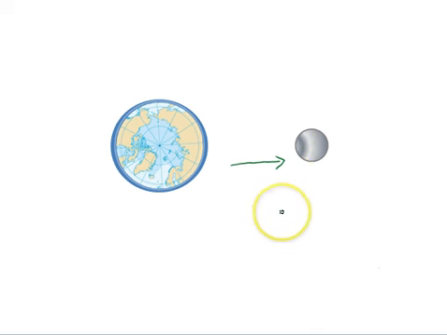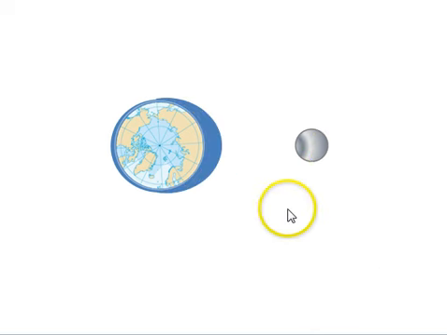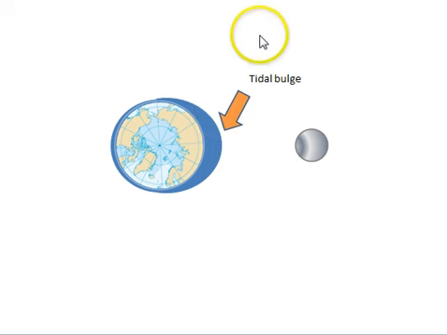So you end up with water on the side that's facing towards the moon bulging up. This water is getting pulled up by the moon's gravity, so you get this bulge over here on this side. We call that a tidal bulge.